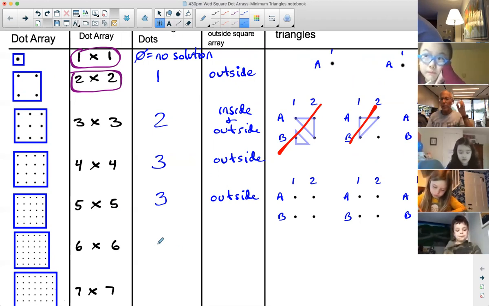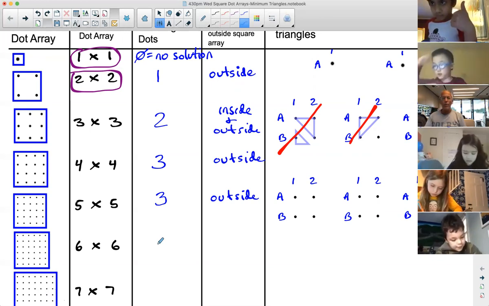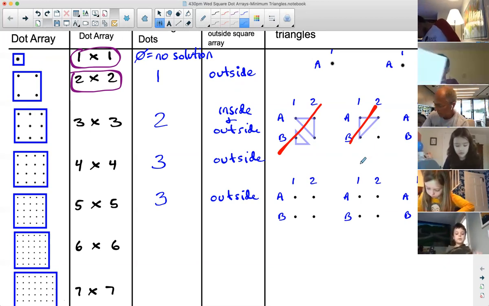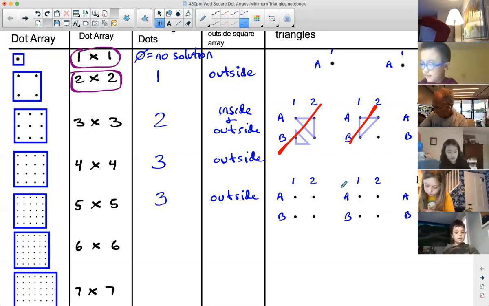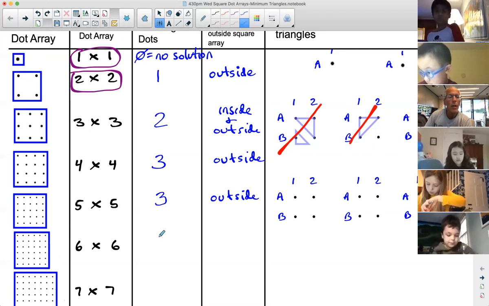Does anybody else think we need more than 3? Sarah, do you have a conjecture? I think the pattern might be 1, 2, 3, 3, 4, 5, 6, 6, 7, 8, 9, 9. Whoa, interesting.